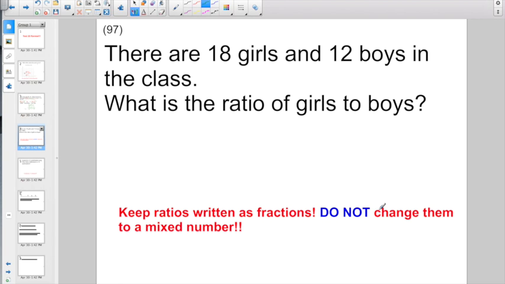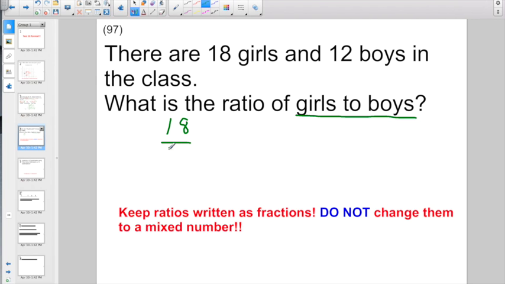Do not change them into a mixed number because even though they're not really fractions, they're comparisons between two numbers. So if they want to know the ratio of girls to boys, girls is listed first, so I better put the number of girls. I have 18 in the numerator position, right? And then 12 for the boys.